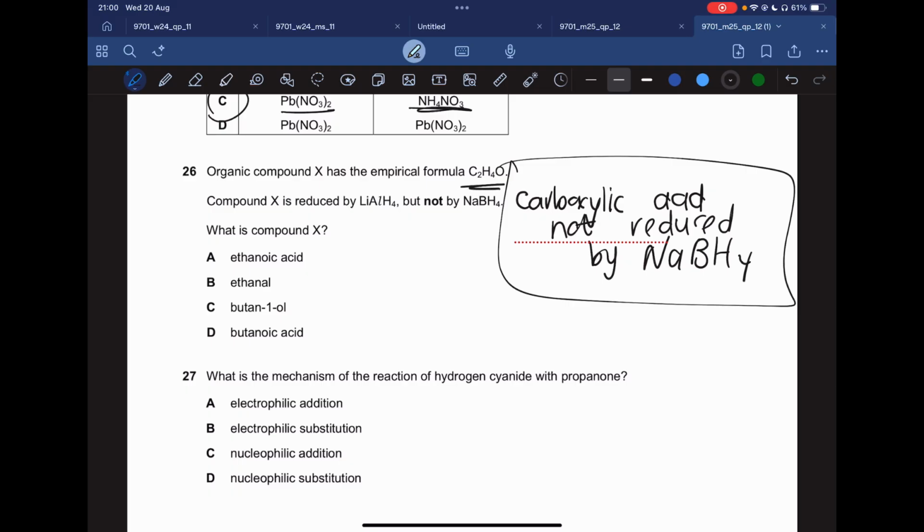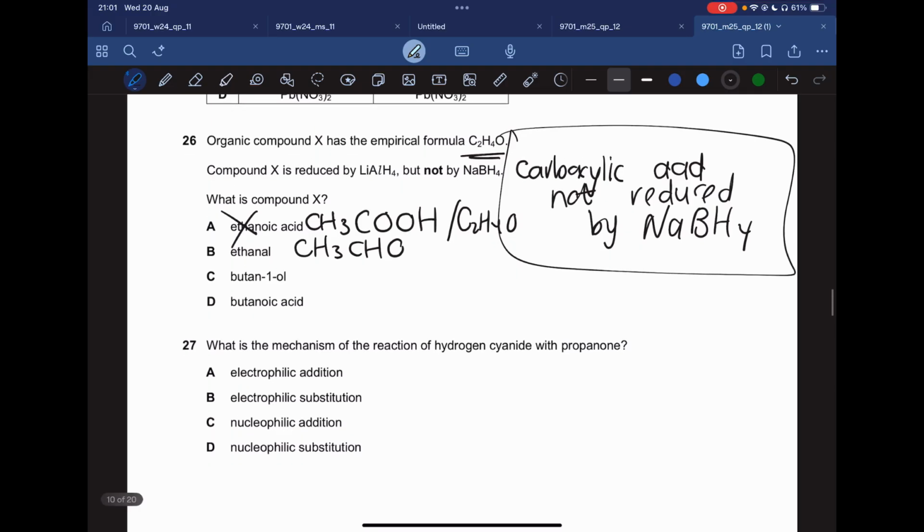First, maybe let's look at this hint. Ethanoic acid is this, and when we get our empirical formula, it's actually C2H4O, so that can't be right. Ethanal is CH3CHO. This is C2H3O, so this could be correct.